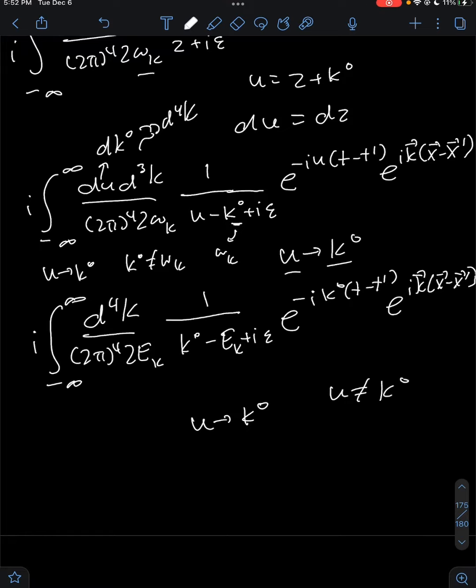But by replacing u with k naught, we're redefining k naught to not be the square root of k squared plus m squared. So this energy is no longer equal to the E equals mc squared kind of thing. And we call this off shell when k naught is not equal to the square root of k squared plus m squared.